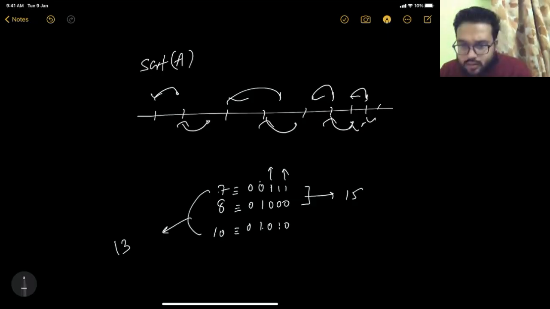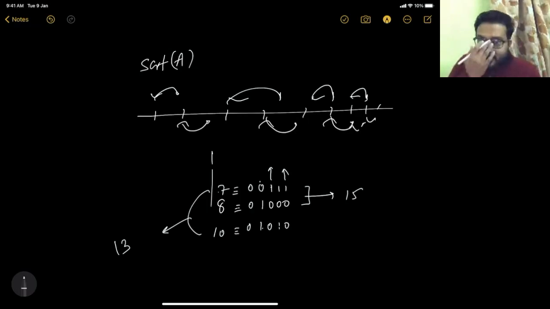But if you just look at 8 and 10, if you look at this pair, do you appreciate that your XOR will essentially be only 2? Guys, are you able to appreciate this?